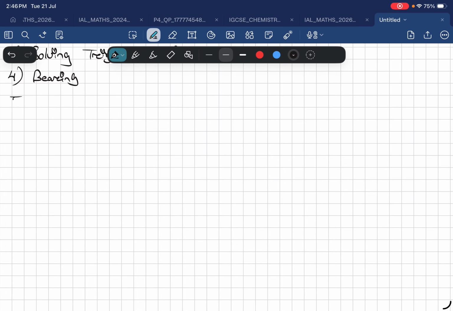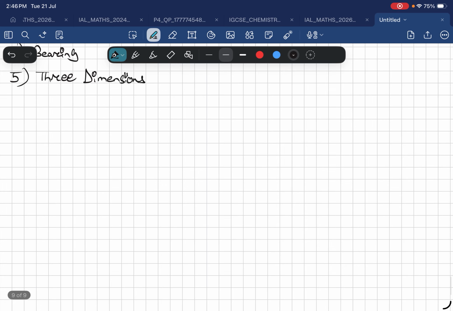Number 5 is 3 dimensions. Number 6 is scale drawing. Okay.